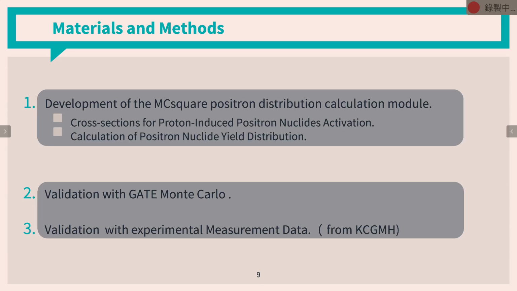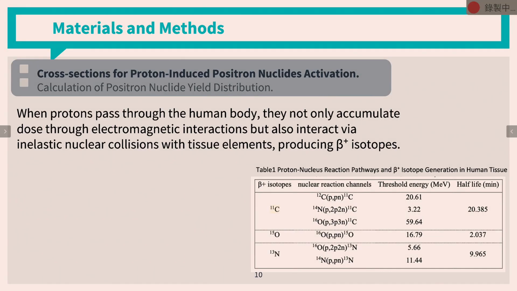The positron activity simulated by the GATE software is used as a benchmark to validate the MC² PE software developed in my study. For the first part, during proton irradiation, the protons not only deposit dose via electromagnetic interaction, but also undergo inelastic nuclear reactions with tissue elements and produce beta-plus isotopes.